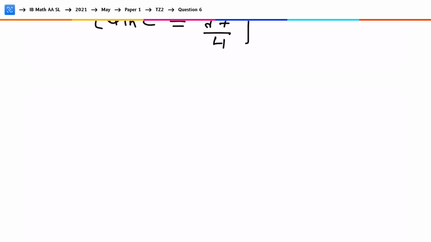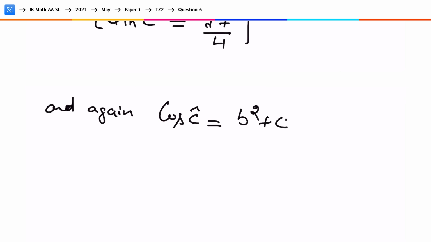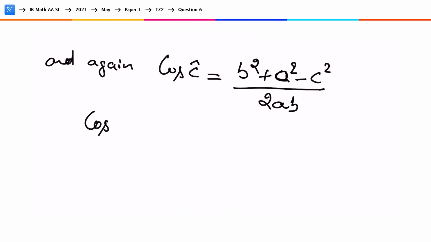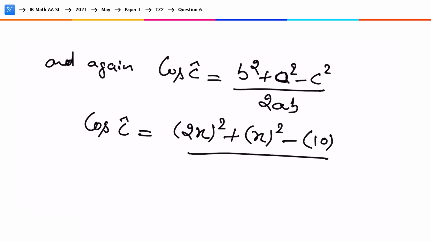Next, using the formula for the cosine of an angle in terms of the sides of a triangle, the cosine of angle C is equal to the square of side B plus the square of side A minus the square of side C divided by 2 times side A times side B. Substituting the values, the cosine of angle C is equal to the square of 2x plus the square of x minus the square of 10 divided by 2 times 2x times x.